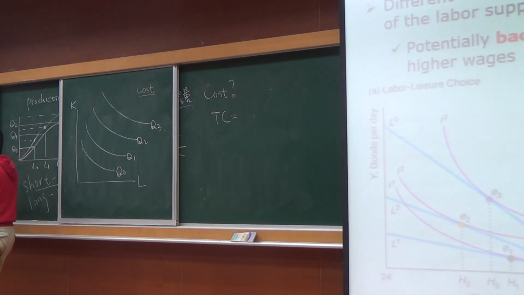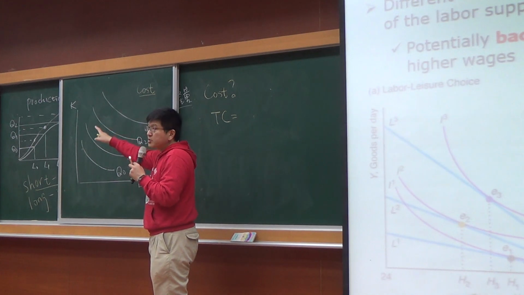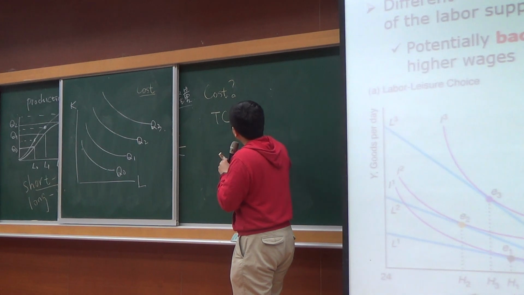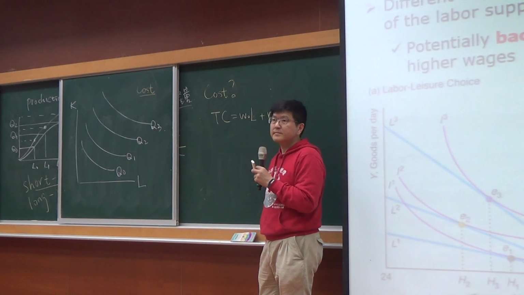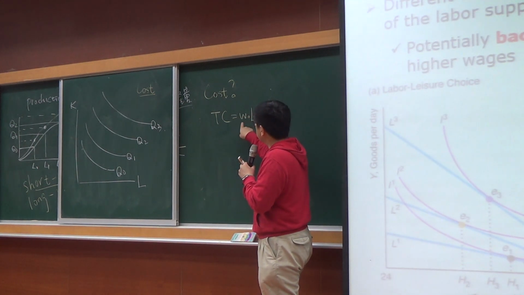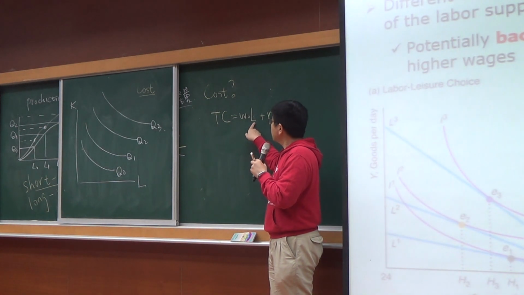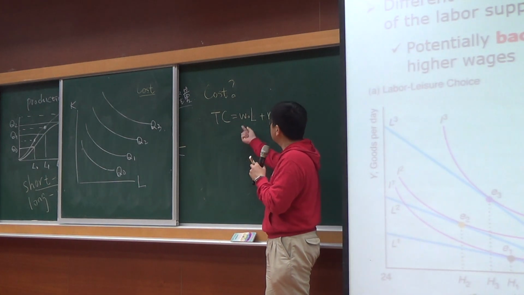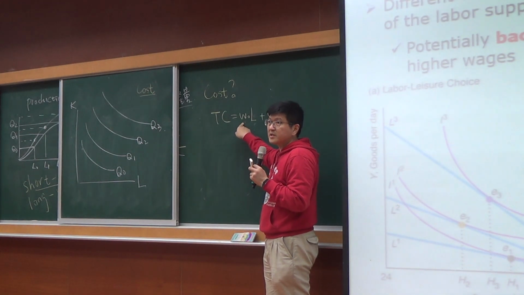And total cost is composed of two important things. It's because the production is by capital and labor. Therefore, the cost would be divided into two parts. Labor with wage rate. So if you hire, say, 50 workers, you have to pay them salary. So it's the wage rate by person, okay?